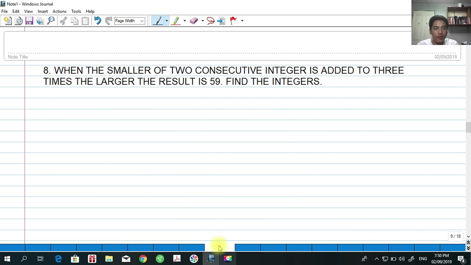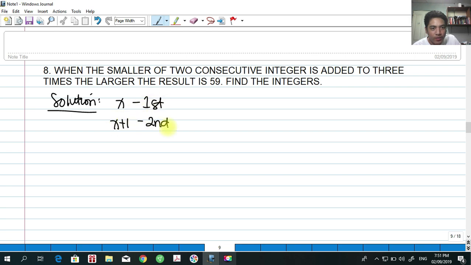So let's try another problem. This is the last problem of ours. When the smaller of two consecutive integers, again, if we have two consecutive integers, we have to let x as the first, and the second is x plus 1, is added to 3 times the larger, the result is 59.